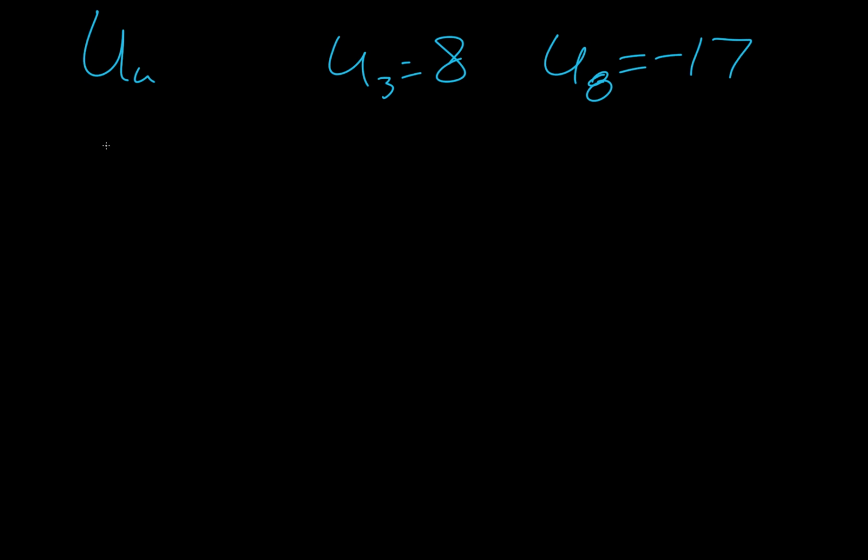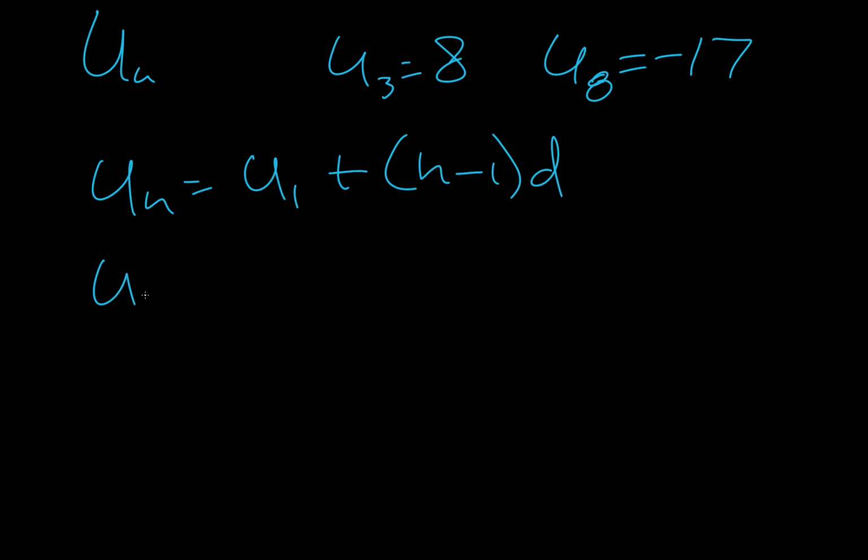So we're going to go back to that formula that we had at the beginning, where we had u1 plus n minus 1 times d. And we're going to create a couple formulas for this.